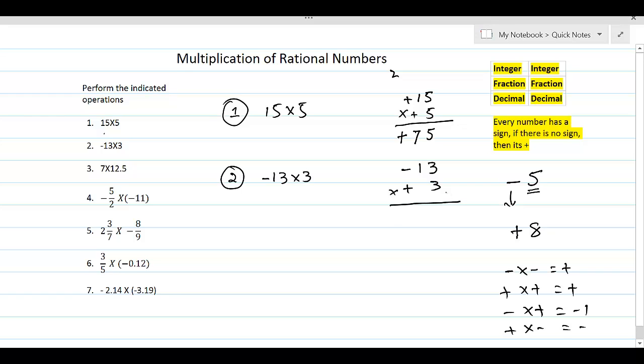What would be the sign of the resulting number? Because the participating numbers have opposite signs, the resulting number will carry a negative sign. 13 times 3 is 39. So this is the answer for question number 2.